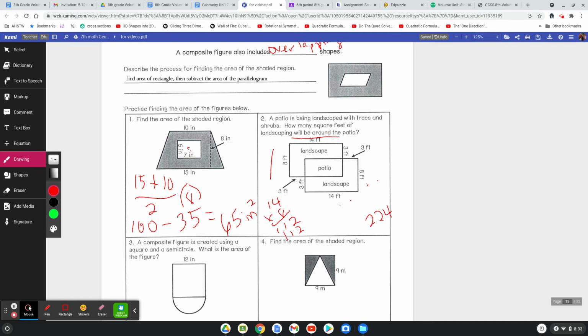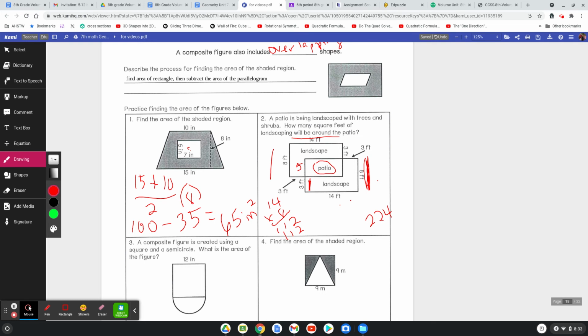But we need to get rid of this part. So we need to find the area of that. It's in the shape of a rectangle. I know that if this whole thing is 8, and if this part is 3, that leaves 5 left over here. So the patio's length there is 5.